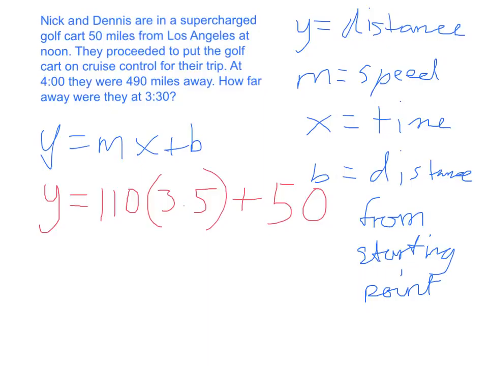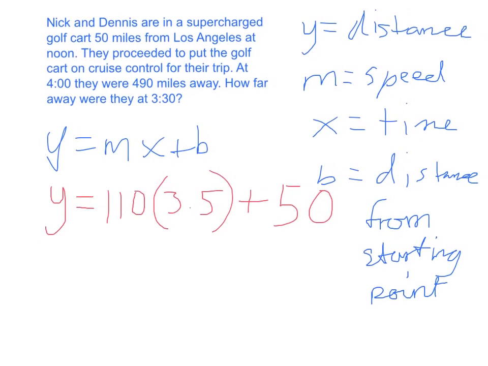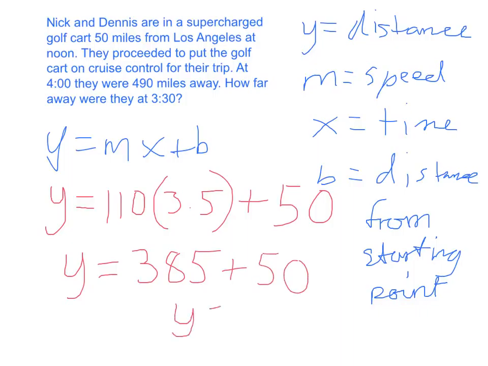Alright, so 110 times 3.5 equals 385, plus 50 equals 435. So y equals 385 plus 50, which equals 435 miles.